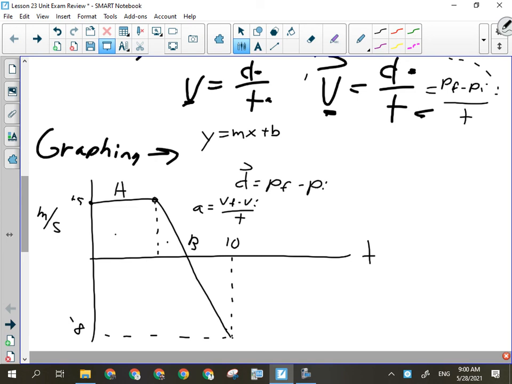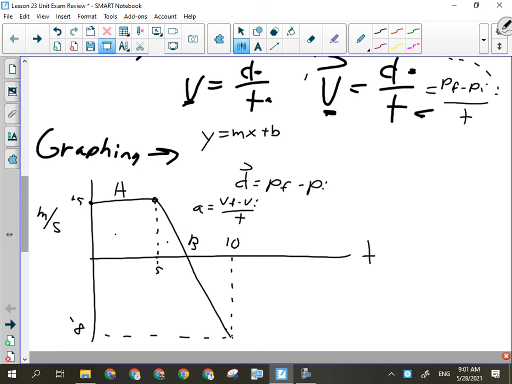Actually, sorry, it wouldn't be 10 seconds because this would only be from 5 to 10 seconds, so it would be over 5. So 13 over 5, whatever that is, 2.6. Everybody all right with that?